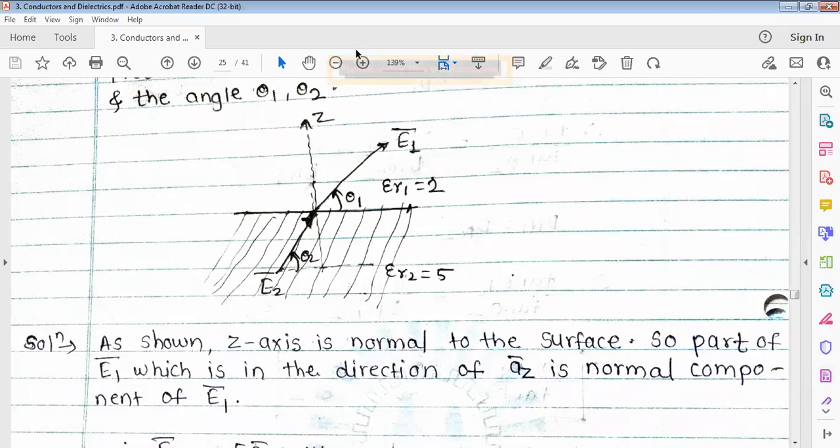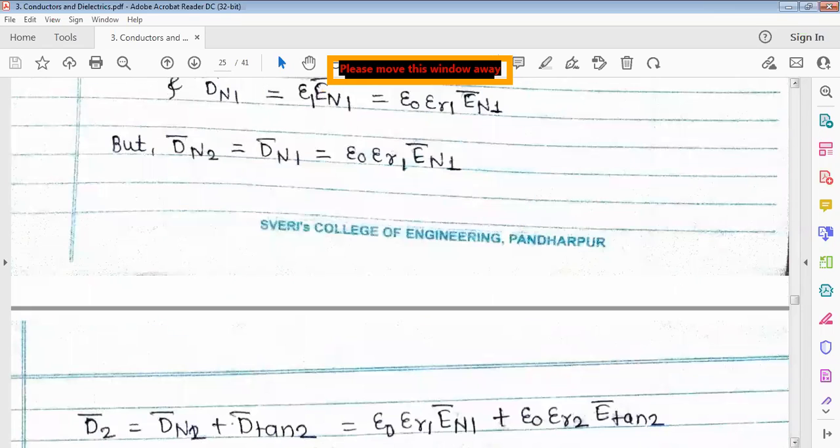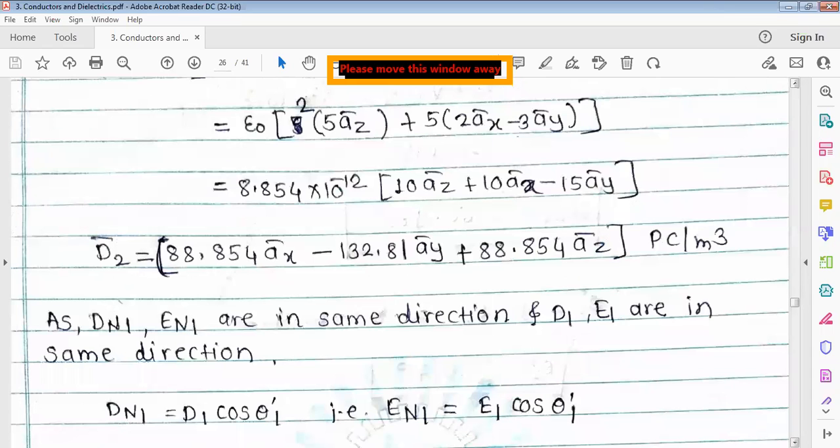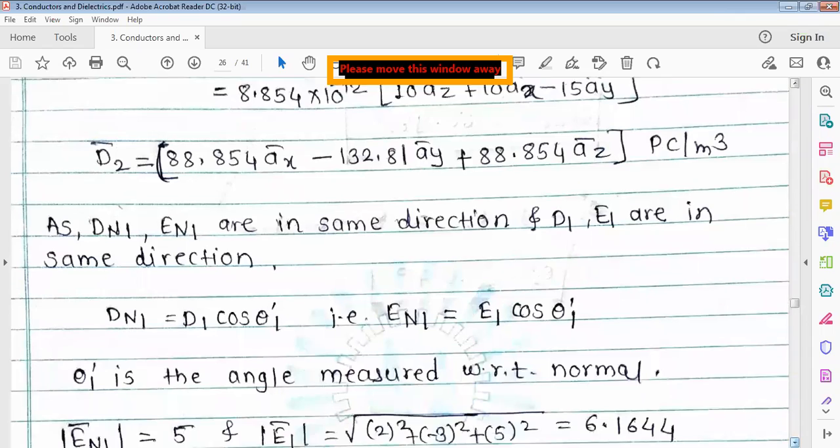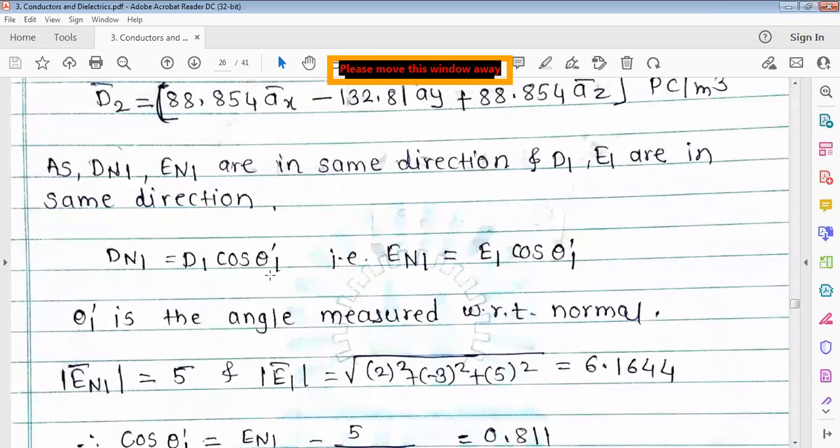You can consider both components, the E bar and the D bar also. So when we are finding this D bar component, Dn1 is equal to D1 into cos theta 1 dash.